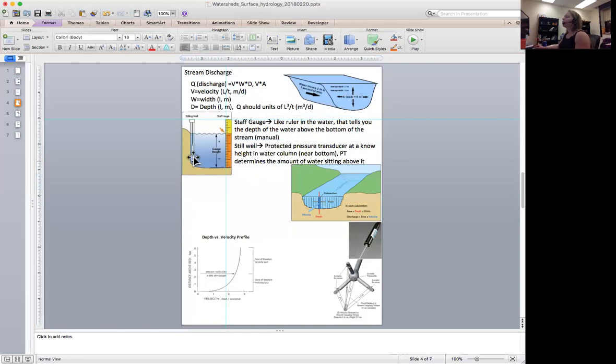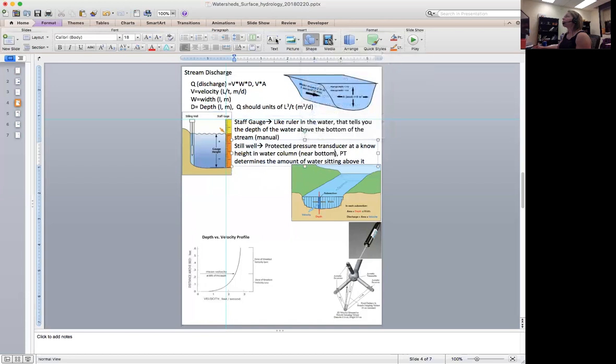And so you can say, okay, if I know this area right here, and I'm sensing all the water that's above it, I can relate that back to a depth because I know the elevation, I know the distance from the bottom that I have here. And I can use the data that comes from this to read a kind of continuous measurement.